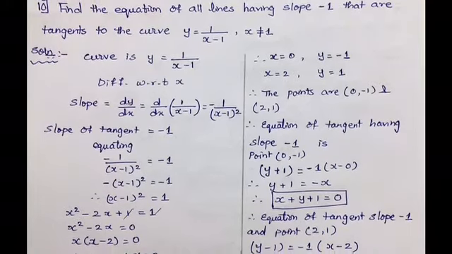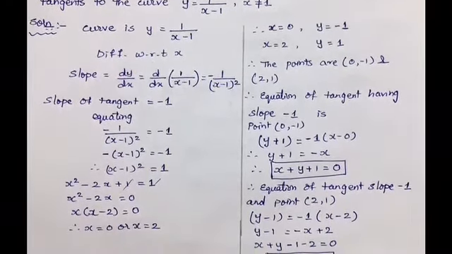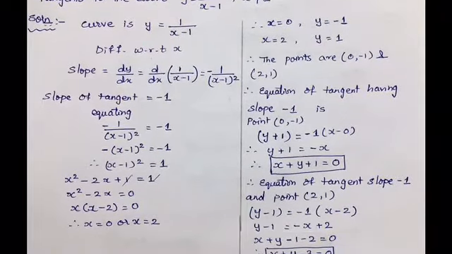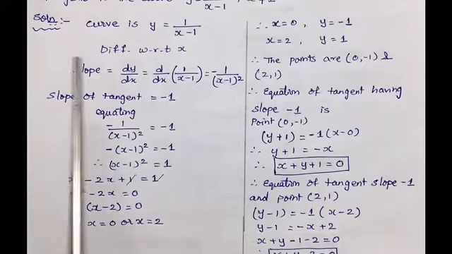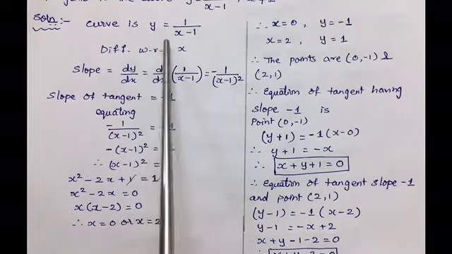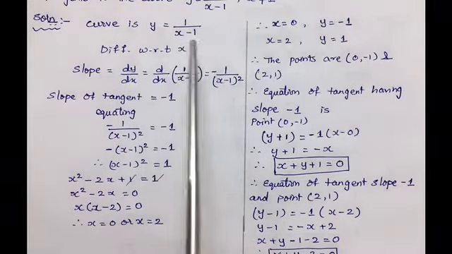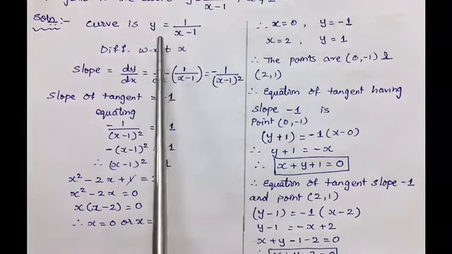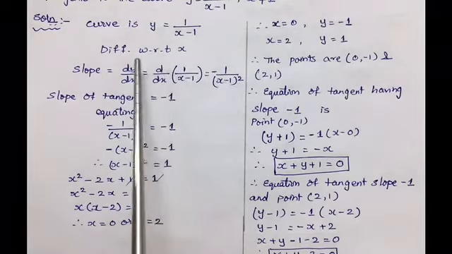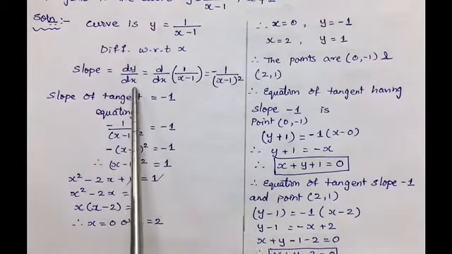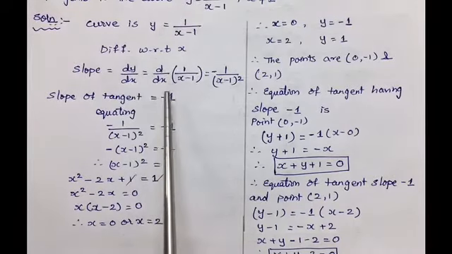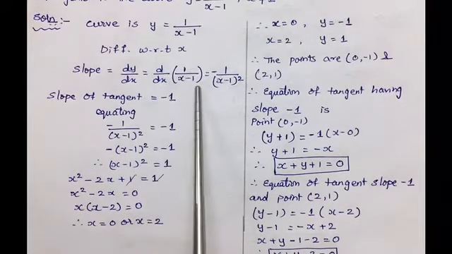So for calculating first the point, we will differentiate the equation of the curve with respect to x. So the curve is given as y equal to 1 upon x minus 1. Differentiating y with respect to x, we will get the slope of the tangent, that is dy by dx is equal to d by dx of 1 upon x minus 1.